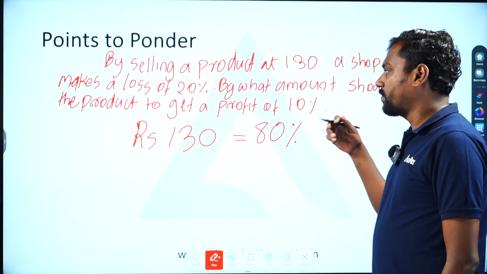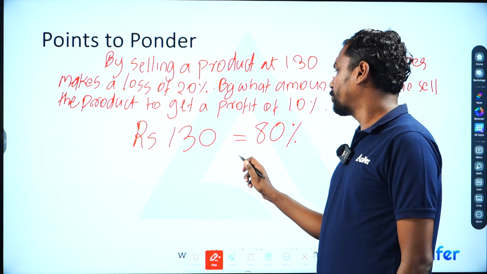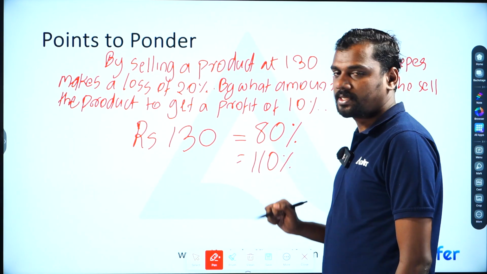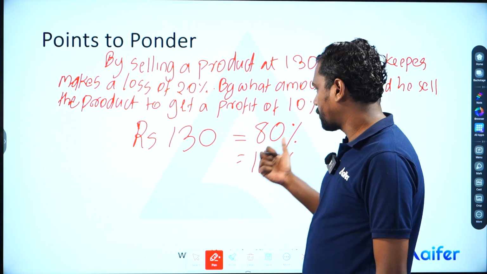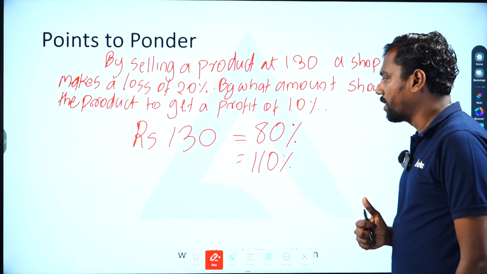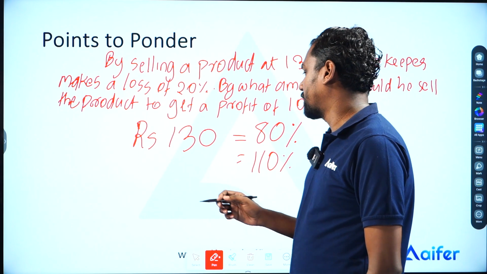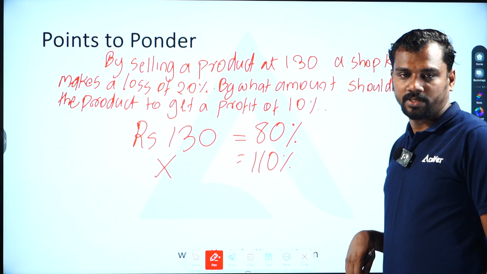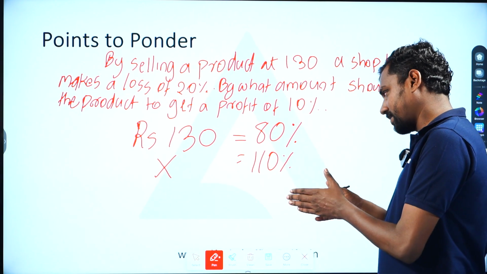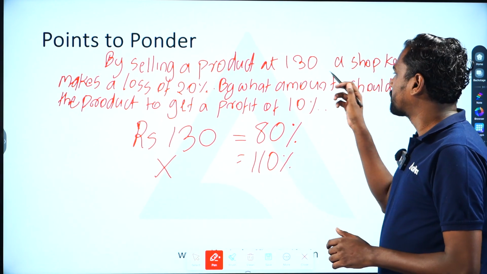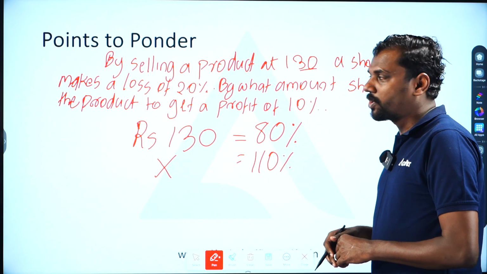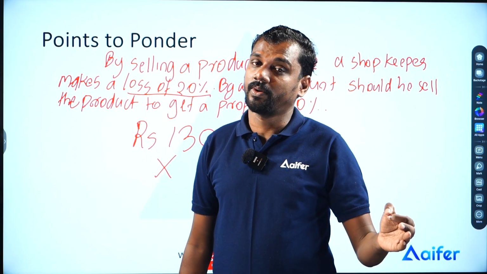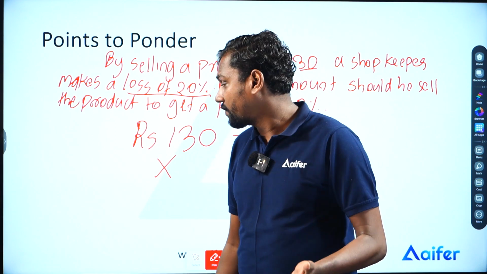To get a profit of 10%, it should be 110% of the original price. So we'll have X equal to 110%, and rupees 130 is equal to 80%. It's 80 because there is a loss of 20. When there is a loss, we subtract it from 100, so 100 minus 20 is 80.